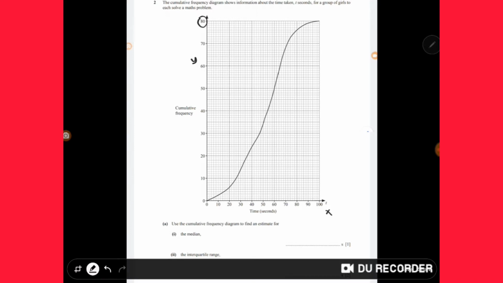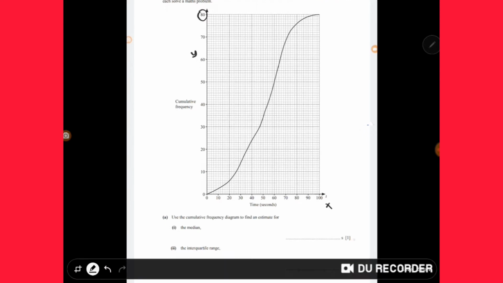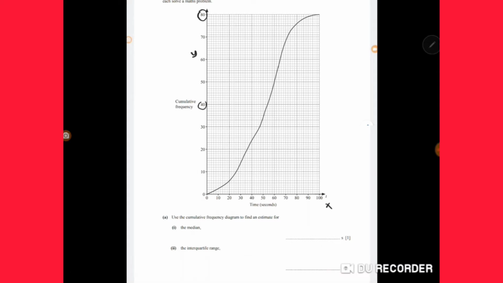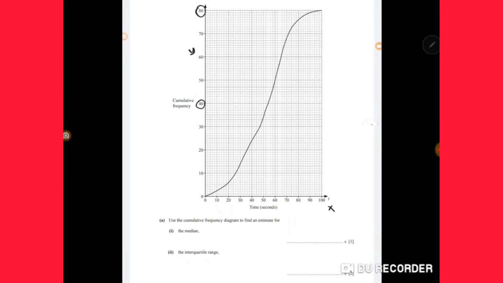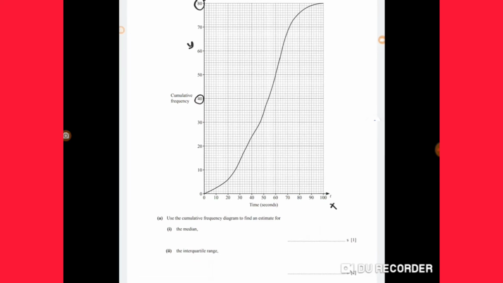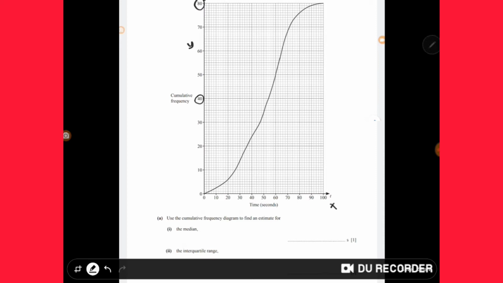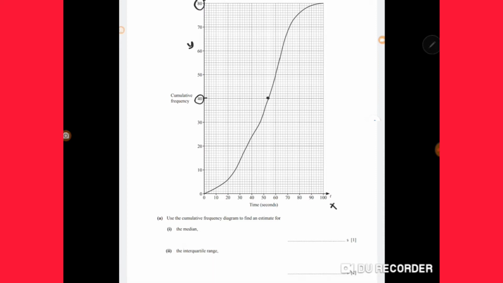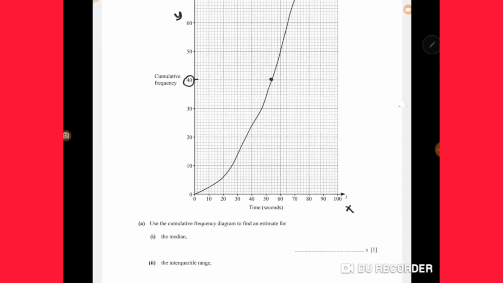To find the median time, we take the middle point of the cumulative frequency. So 80 divided by 2 is 40. When the cumulative frequency is 40, what is the time in seconds? Boom, we'll be here.